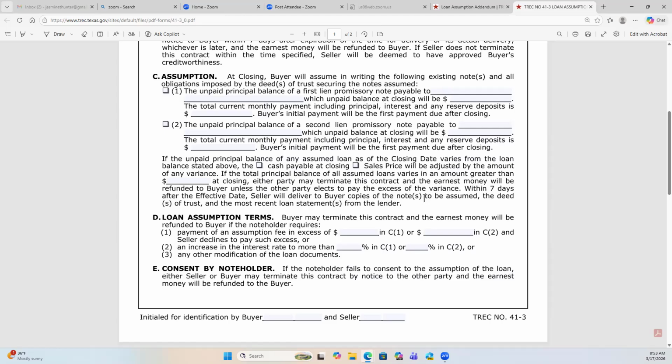We're just scratching your name off and putting mine. That means I have to bring 100,000 to the table and then I can have that loan. Okay. Loan assumptions are going to be for the clients that have plenty of cash, so that they can assume that remaining balance and pay the difference from the sales price and the amount owed to the bank.